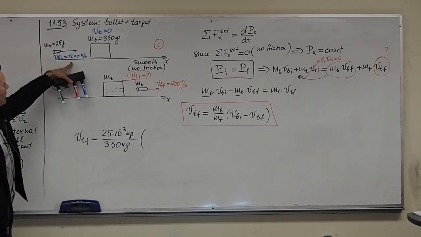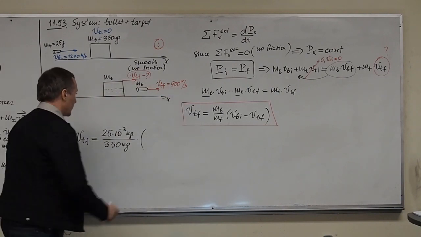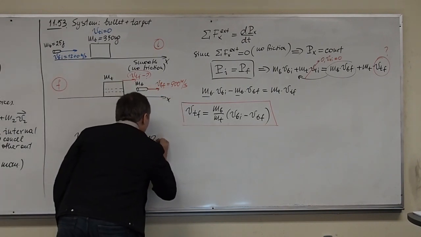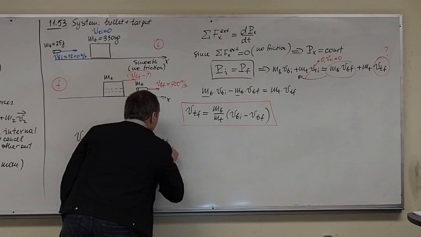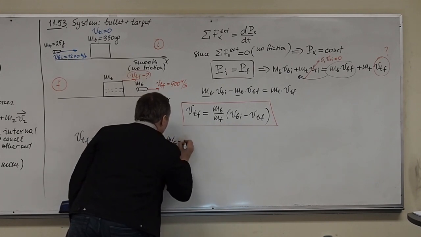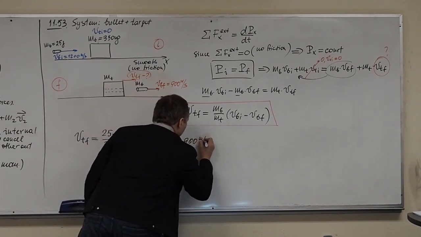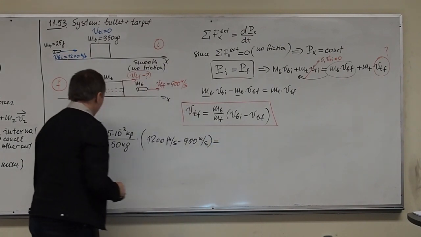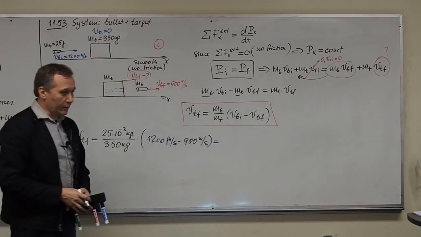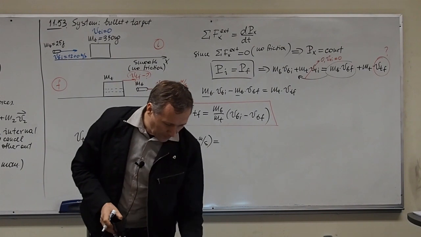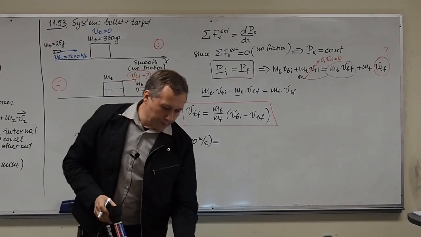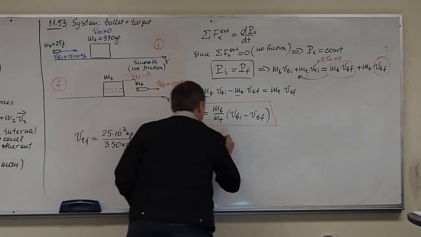Initial is 1200, final is 900. Right, so let's write it down. So 1200 meters per second minus 900 meters per second. So you can calculate. I will use my notes. 0.021 meters per second.